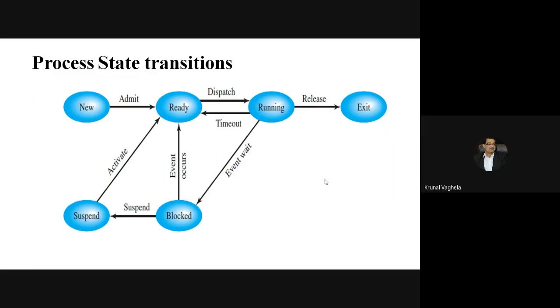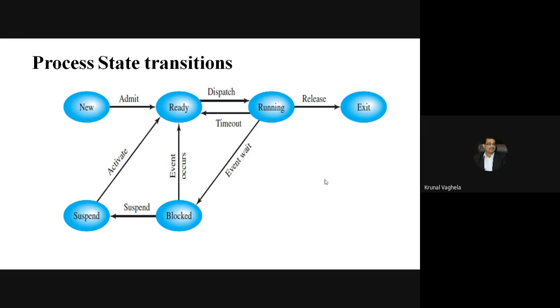So suspend means the process needs to vacate the memory and it needs to be inside the hard disk. Blocked means the process is still inside the memory and waiting for some event, but suspend means the process should vacate the memory space. But when the operating system or user decides to rerun the process, it will be transited from suspended to activate.